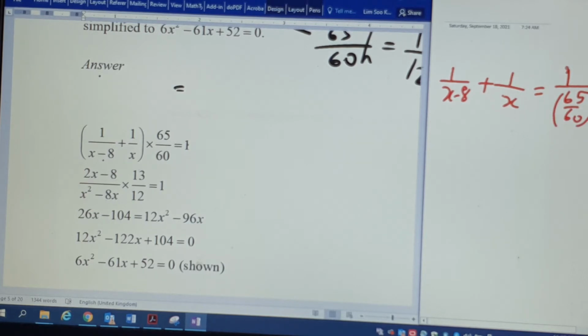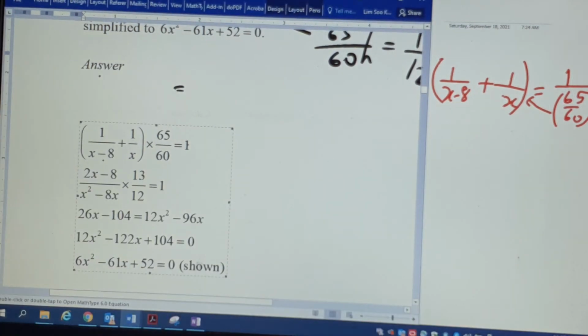The fraction, correct or not? One pool out of this total time. This total time just now we found it here already, right? Now isn't this just this? And then later I just cross multiply. But actually what you can do is you can flip this also, flip this, then you do. Don't need to do this method also can. But now you try and see whether you can work out and get this.